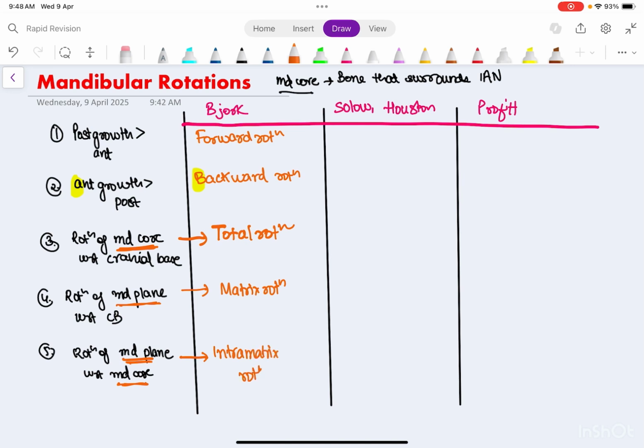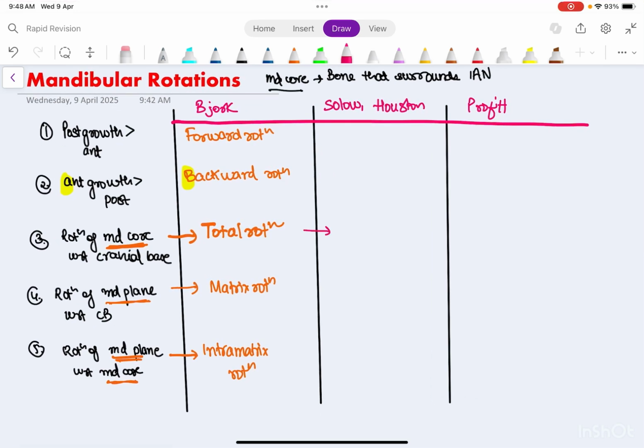Then Solow and Houston. This is relatively very easy to understand. He also went along the same lines as Bjork. He also considered the mandibular core as the main thing. So obviously, he will think that the rotation of the mandibular core along with the cranial base would be a true rotation, and of mandibular plane would be an apparent rotation.